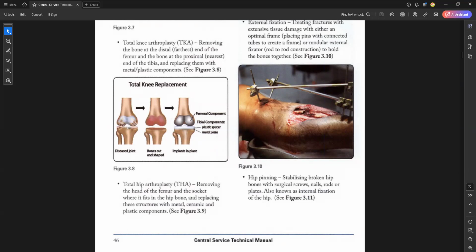This is the reason why you are having knee pain, because disease eats the gliding joints, so once it begins to move, you begin to feel pain. So when you come to the OR, the surgeon will cut the bone from there, then they put in an implant called the femoral component, right?